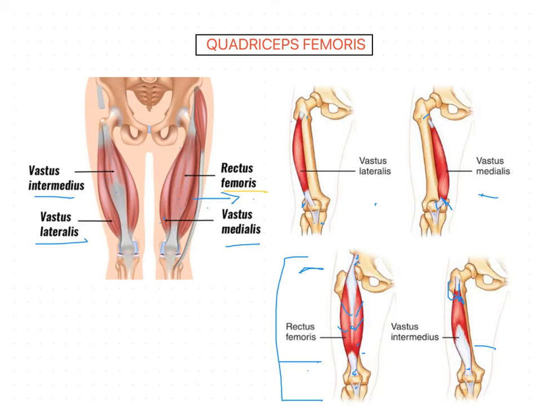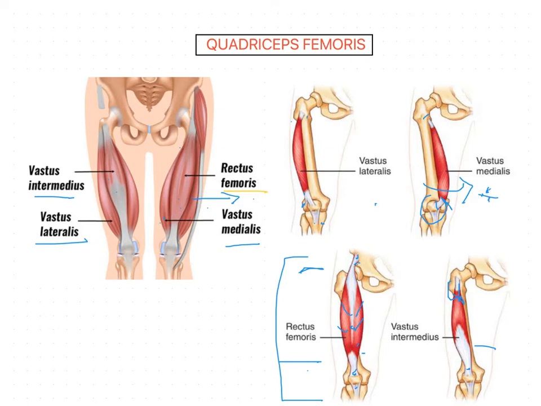The vastus medialis also helps in extension of the knee joint, and it helps to prevent lateral displacement of the patella. It also helps in the medial rotation of the femur during the locking stage of extension of the knee joint. The action of vastus medialis is very, very important for stability of the patella.